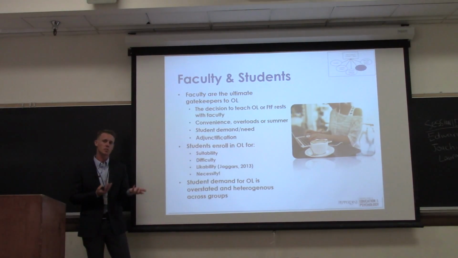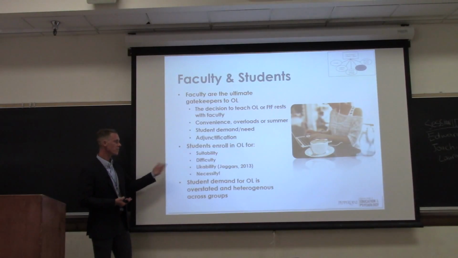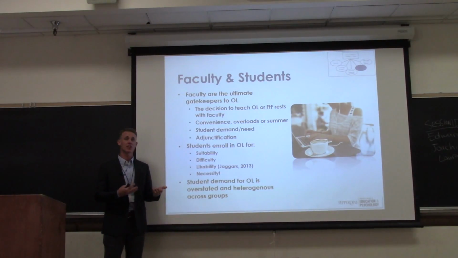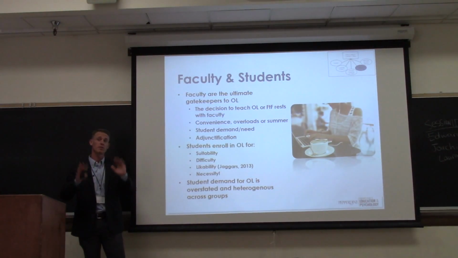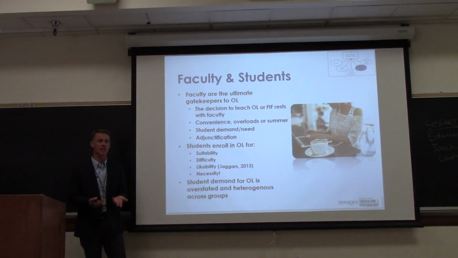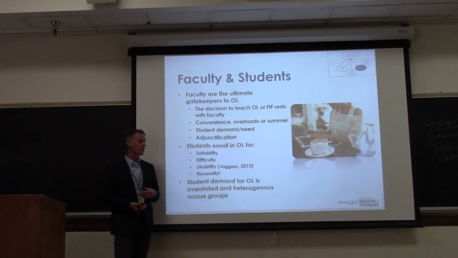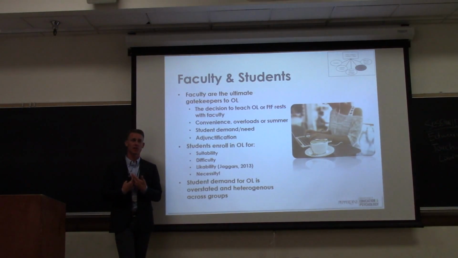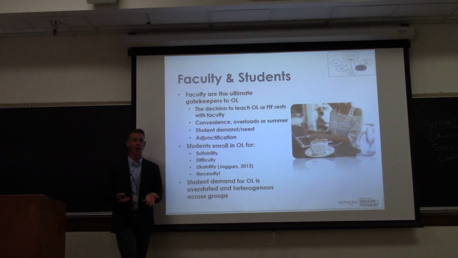Is there an oral speaking component? Another factor is difficulty. If the class is really, really difficult, the students prefer to take it in person rather than online. If it's really easy, they choose to take it online. If they feel like it doesn't really speak to them, they don't like it, they'll choose to take it where? Online. If they don't like a class, they'll just say, I want to take that online.